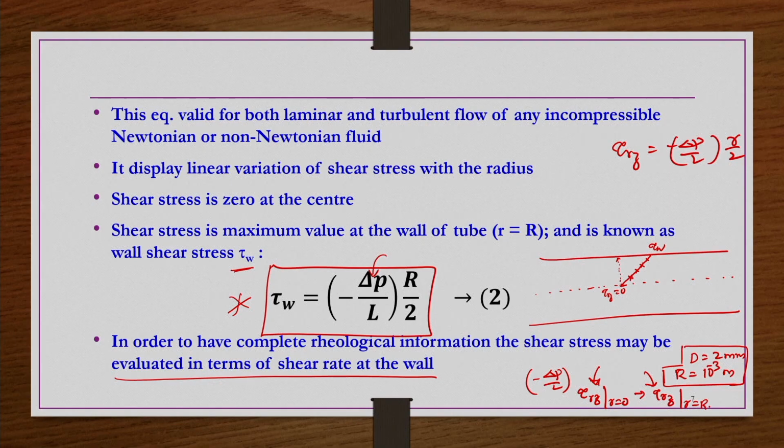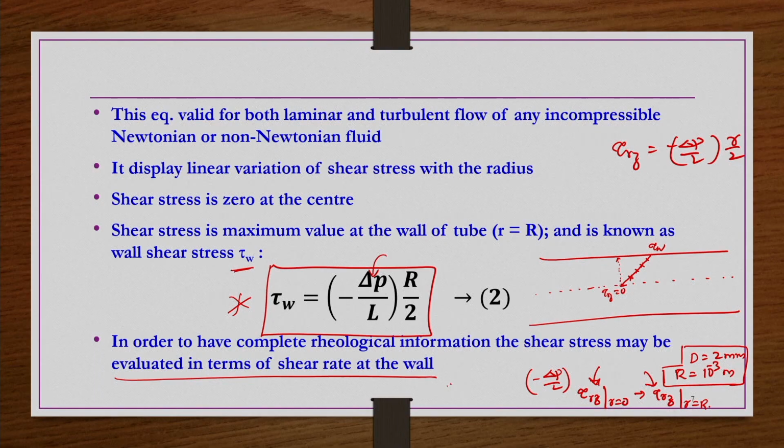So if you know the pressure drop and the dimensions of the capillary, you can measure the shear stress without any difficulty. But now we need the corresponding shear rate at the wall. Then tau w versus gamma dot w information is available, and you can know the rheology of the material.